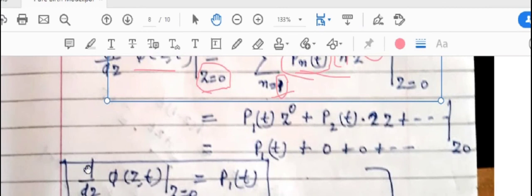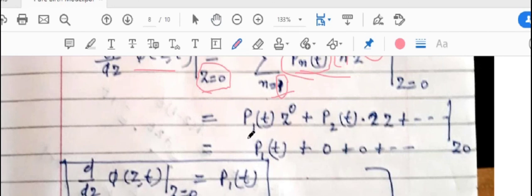Look here, again something interesting. The first term is P1(t) z to the power 0, then P2(t) times 2z.